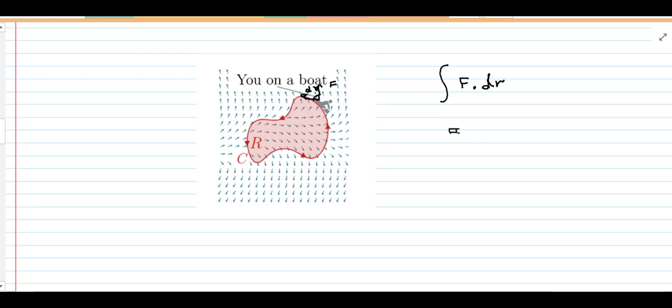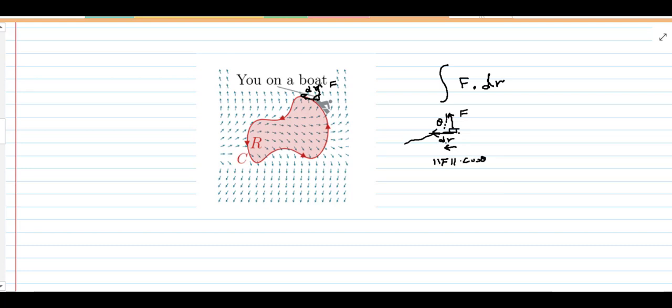So moving over this, dr is the displacement change, and this is also under the vector field F. So in this direction, if the angle is theta, this vector's projection will be the magnitude of F times cosine.